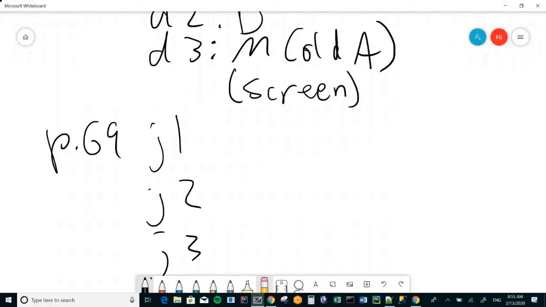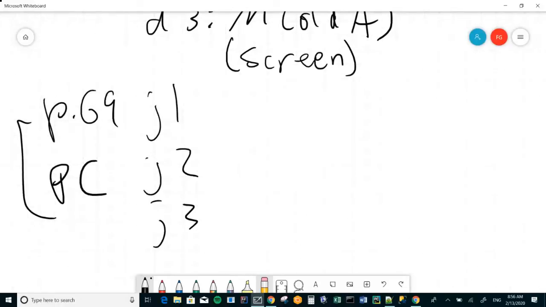What would that be? What's the thing whose state changes as a result of J bits? So what changes in a jump? The program counter, right? So all of these are about changing the program counter.